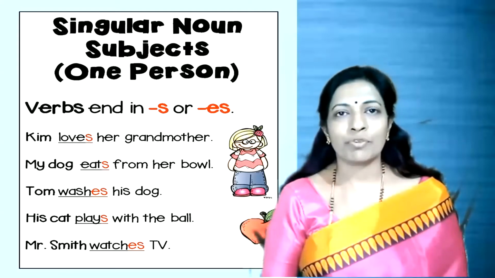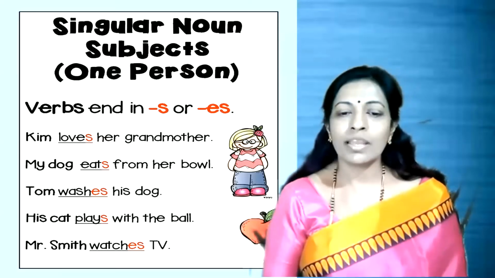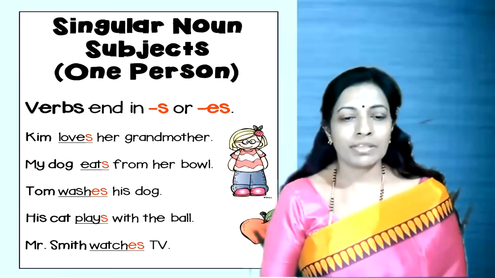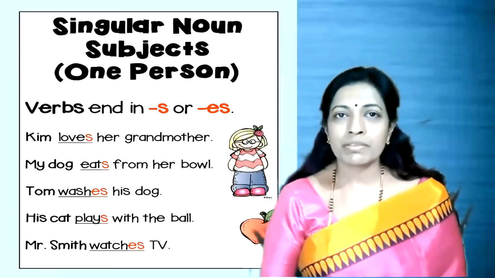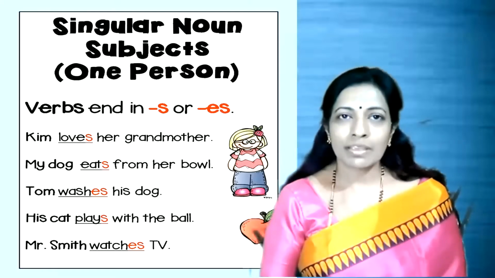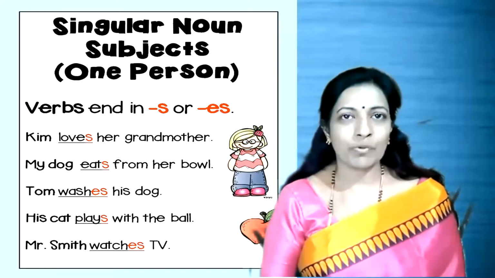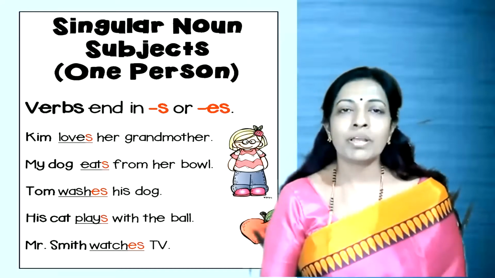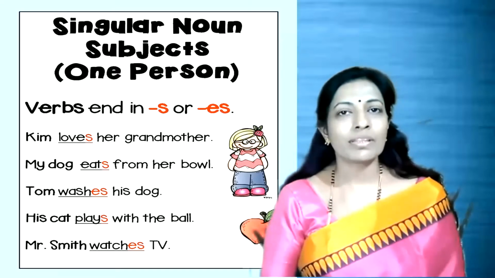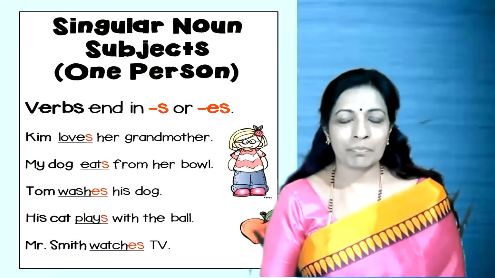Let us look at a few of the examples. Kim loves her grandmother. In this sentence, the verb is loves and the person who is performing this action is the subject, that is Kim. Since Kim is a singular noun, that is only one person, the verb is loves and you can see that the verb ends with S. Let us now look at another example.